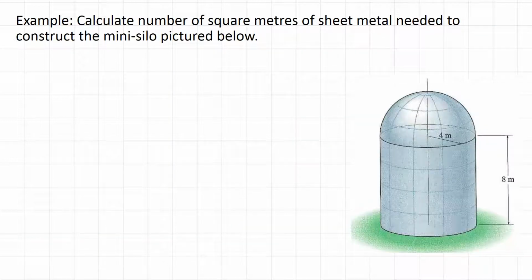So here's an example. We want to calculate the amount of sheet metal we need to create this miniature silo, and we're told the dimensions here. It looks like we have a radius of 4 meters across, and a height of the cylinder part of the silo that is 8 meters tall.